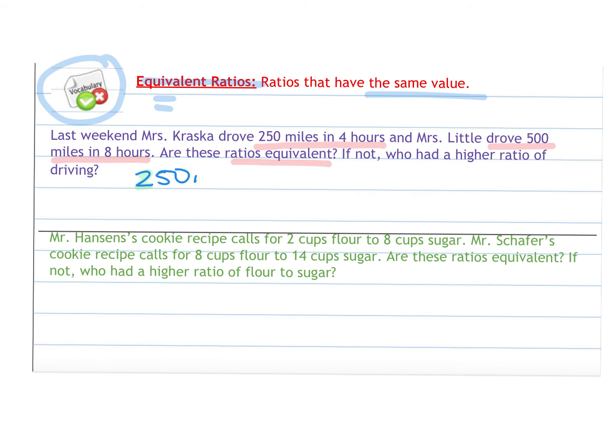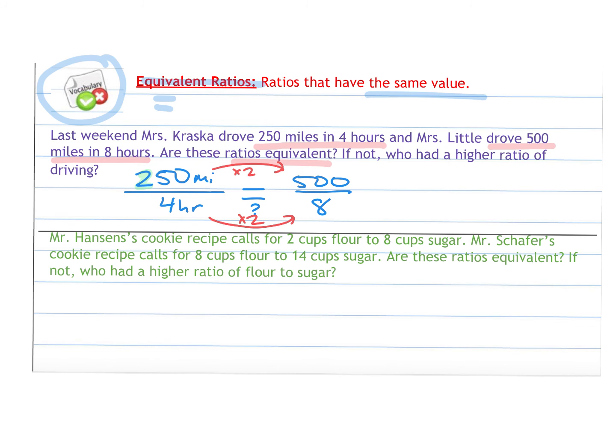So we have 250 miles in 4 hours. It's actually a rate too. Is that the same as 500 in 8? Looking at comparing these, I have two options. I can see that to get from 4 to 8, it was times 2. And to get from 250 to 500, it's also times 2.